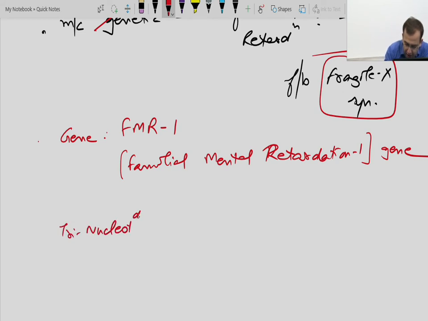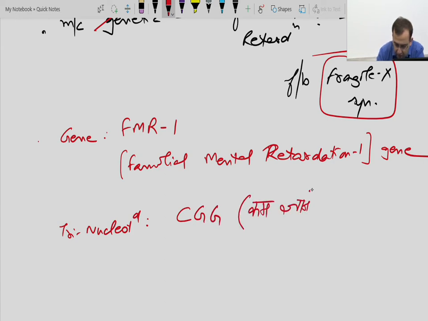Easy to remember. The patient is mentally retarded, so he has kam gyan. The Hindi speaking population will be able to know this. So the trinucleotides are CGG.